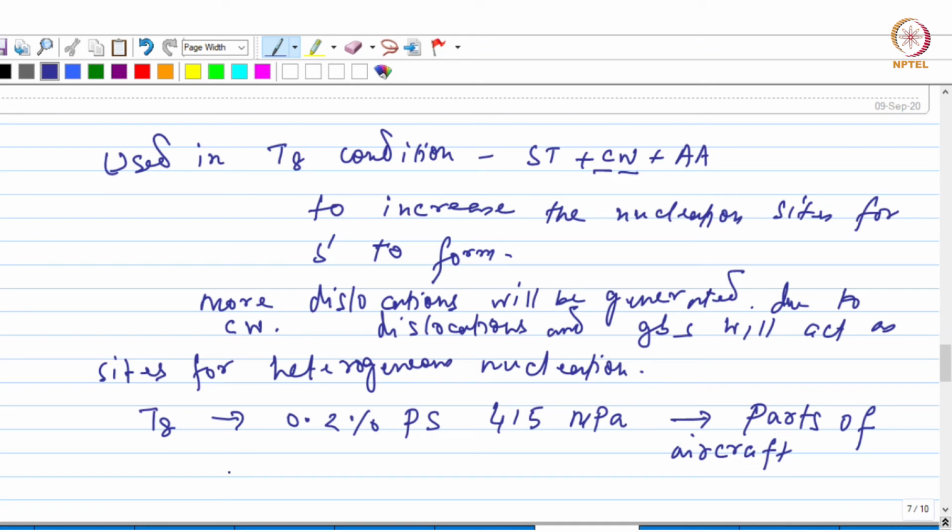It can also be used in T3 and T4 condition. T3 condition is nothing but solution treated plus cold working followed by natural aging, and the yield strength in this case is around 350 MPa. And in T4 condition, which is natural aging, it gives around 290 MPa proof stress.